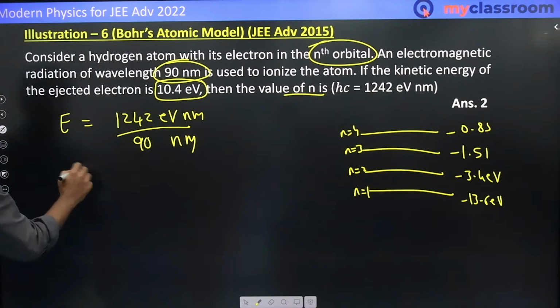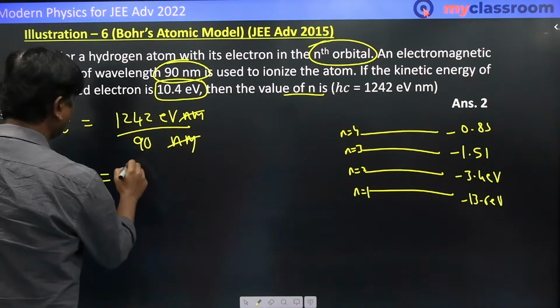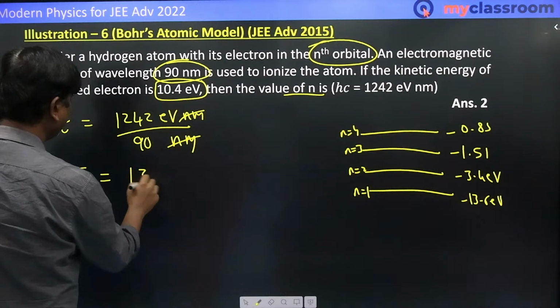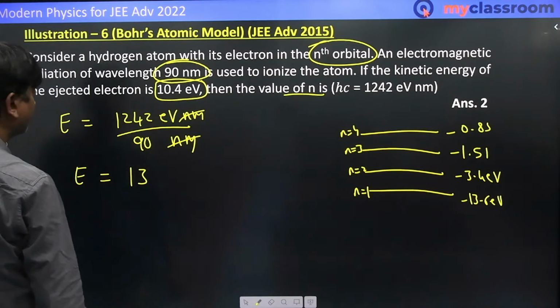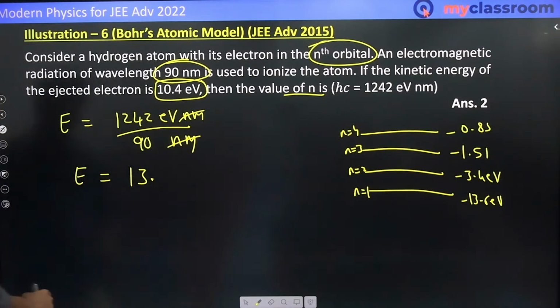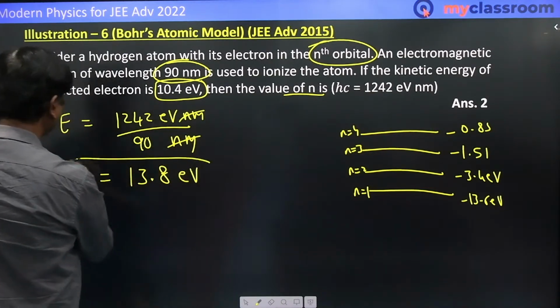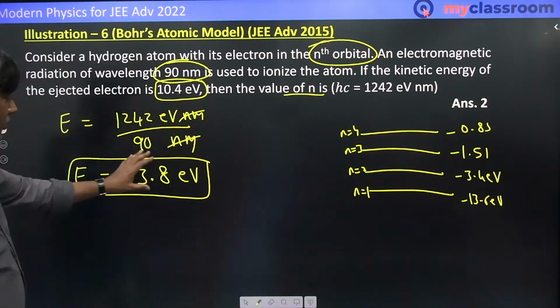This value will come out in electron volts only, as the nanometer cancels. So this is 13.8 electron volts, the energy of each photon you are getting. Okay. So this is the energy of each photon.